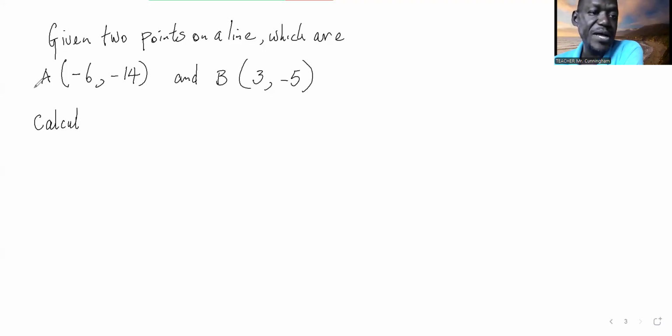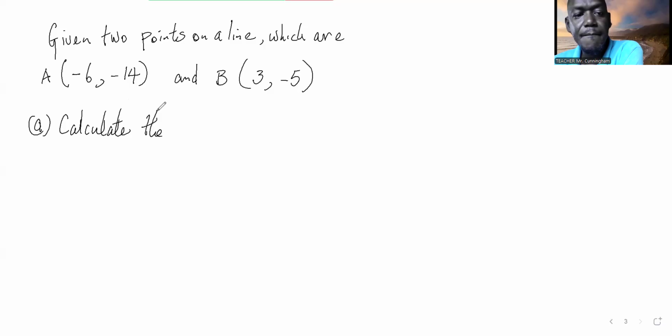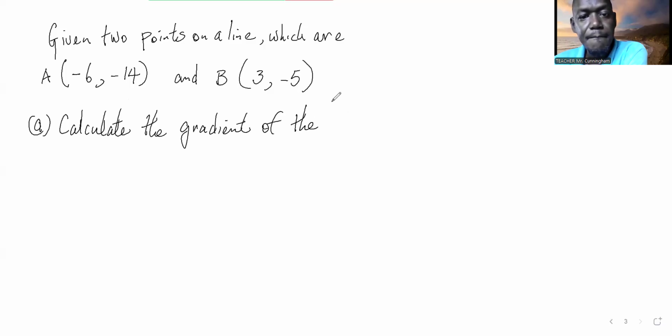The first part that we're going to do, there are 3 parts to this question. So part A: calculate the gradient of the line.